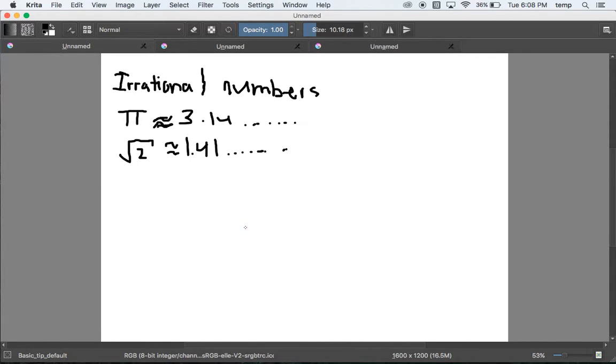So as a little visual aid, you have real numbers, and in your real numbers you have either rational or irrational.